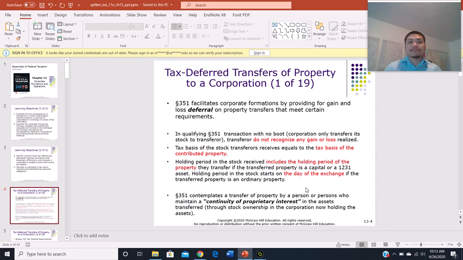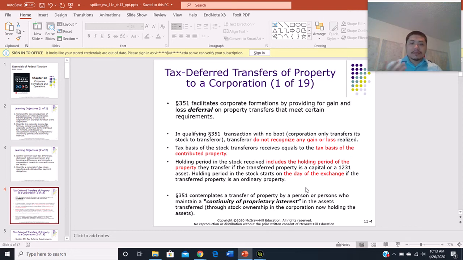Even though this is not exactly a like kind exchange, because the shareholder is contributing an asset in exchange for a share, it's not a like kind exchange per se, the way we treat it is similar to a like kind exchange. So if the transaction qualifies for section 351, then the gain and losses the shareholder realizes during the transaction don't have to be recognized right away.